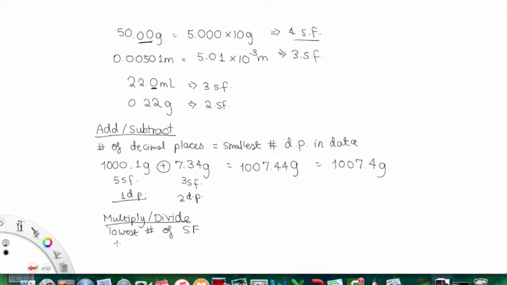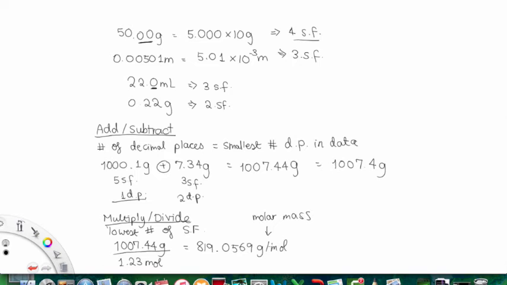For example, 1,007.44 grams that we just got divided by 1.23 moles. This gives you 819.0569 grams per mole. And you'll find out later that this is a unit of molar mass. But we'll talk more about moles later.